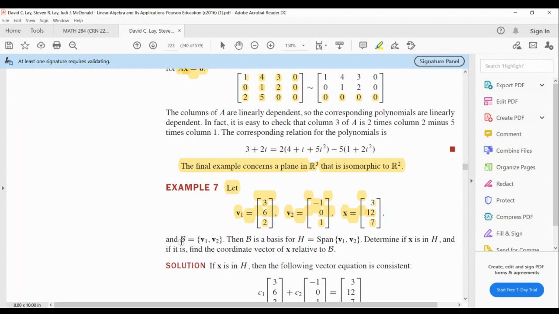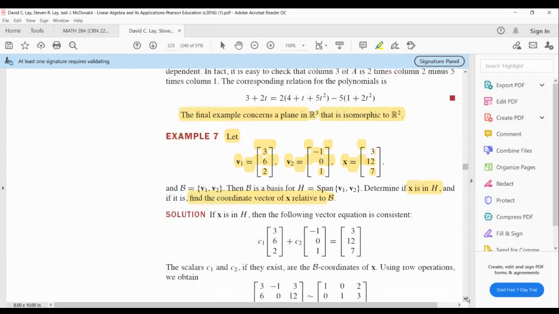Then script B is a basis for the span of V1 and V2. Well, that makes sense because V1 and V2 are linearly independent, and the span of those vectors is equal to H. So that's fine. We want to determine if the vector X is in H, in that subspace, and then find the coordinate vector of X relative to the basis script B.